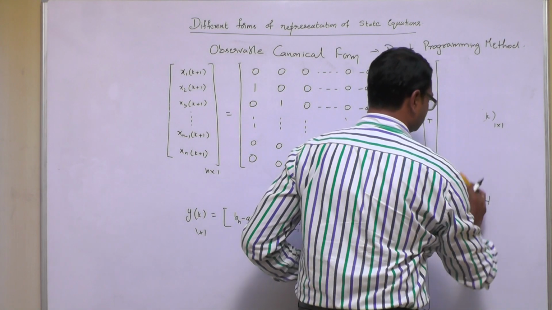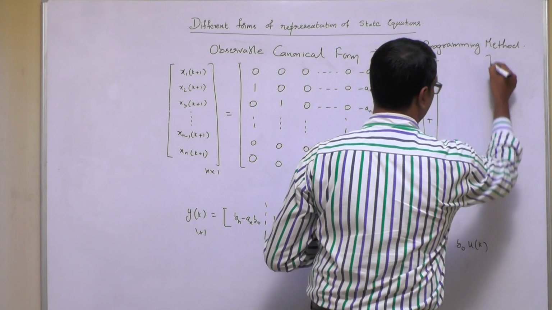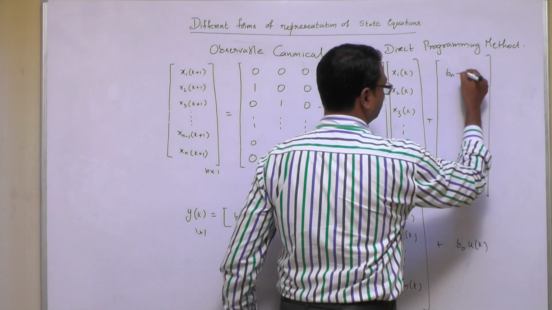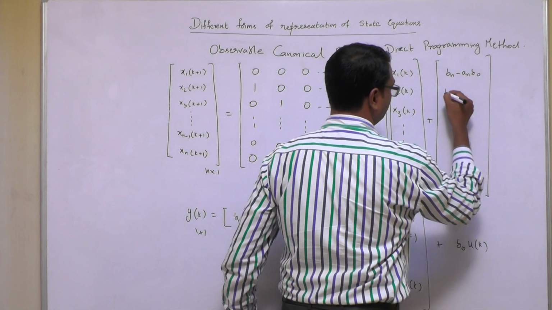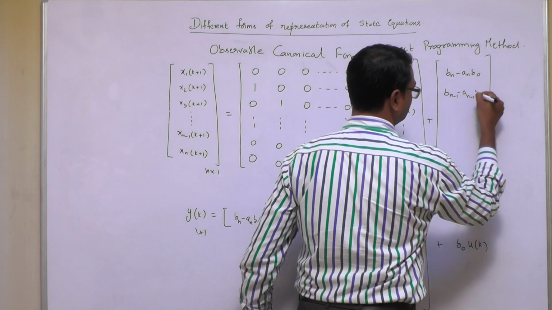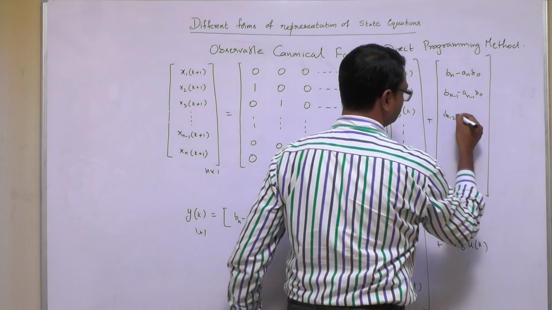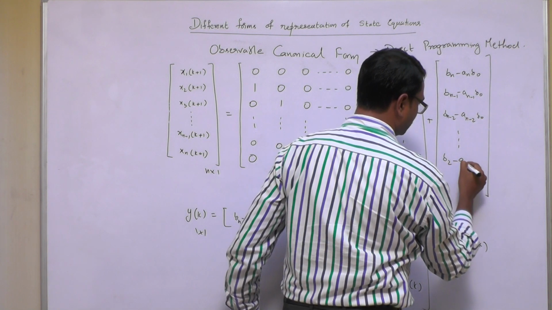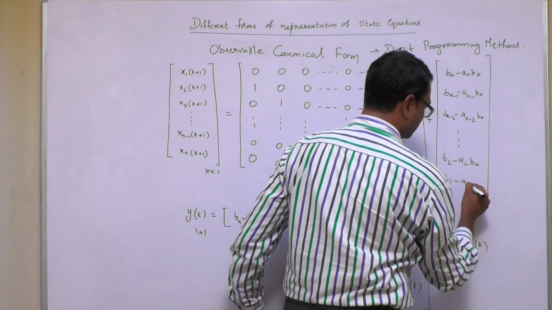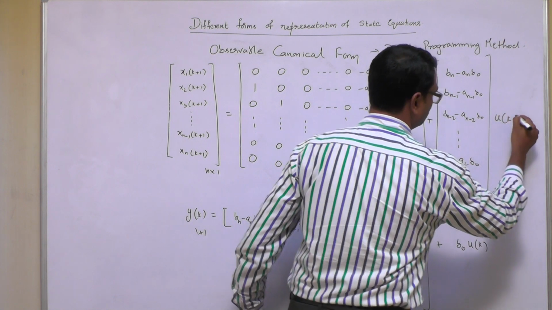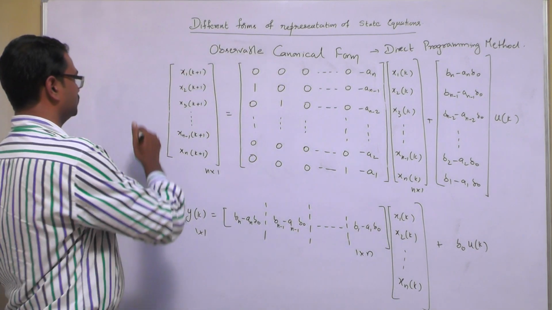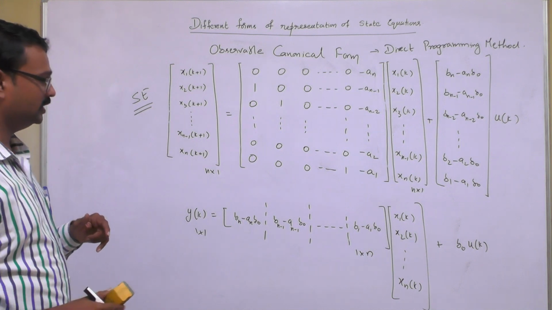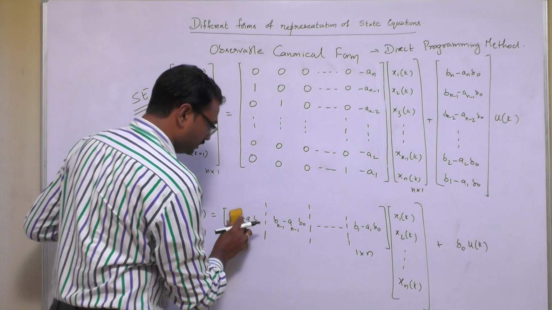That is, you have bn minus an b naught, bn minus 1 minus an minus 1 b naught, bn minus 2 minus an minus 2 b naught, and so on, b2 minus a2 b naught, b1 minus a1 b naught, times u of k. So this is your state equation of the observable canonical form, which is obtained from the controllable canonical form. Now what is the matrix here?